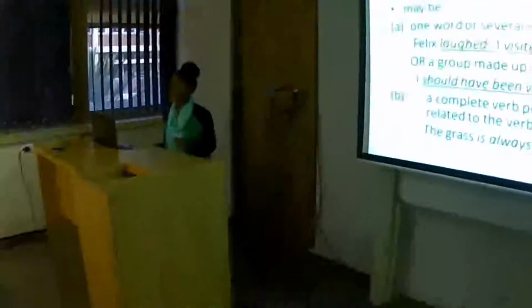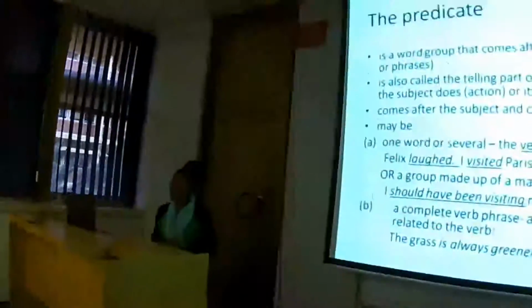No, Franz, it is not Felix. Who can try again? Laughed. Yes, you are correct. Laughed is the predicate. Who can tell me why she says laughed is the predicate? Because it describes what he did. Exactly. Clap for her.